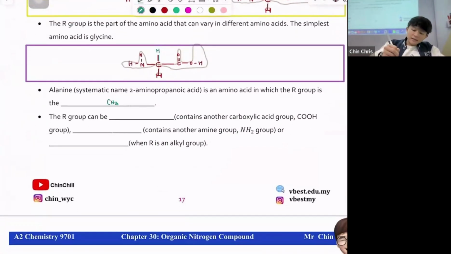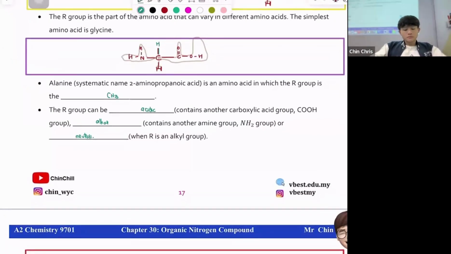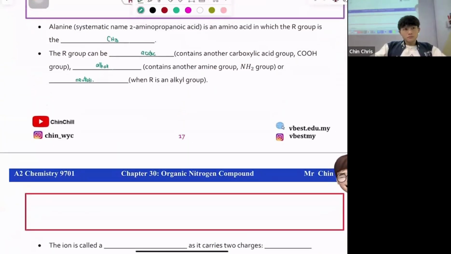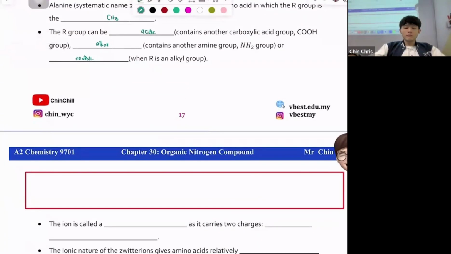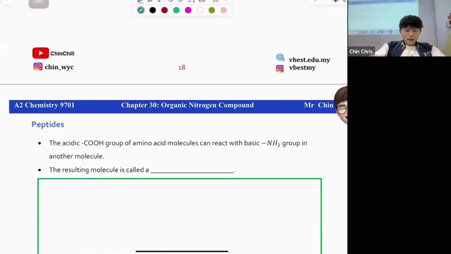So guys, the R group can either be acidic or alkaline or neutral. Done? Next page.